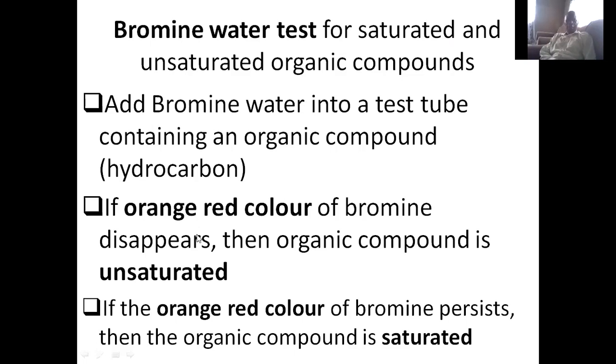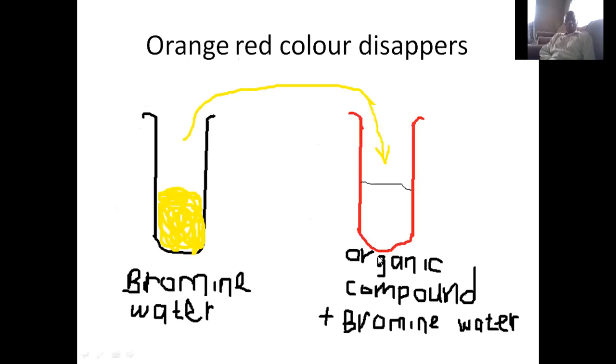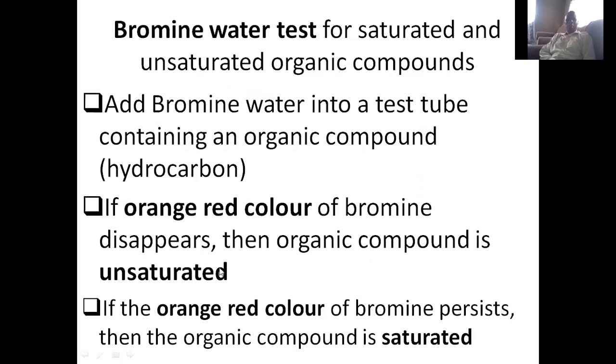We add the orange-red bromine water, and if the coloration disappears, meaning it becomes colorless, it means that organic compound is unsaturated.